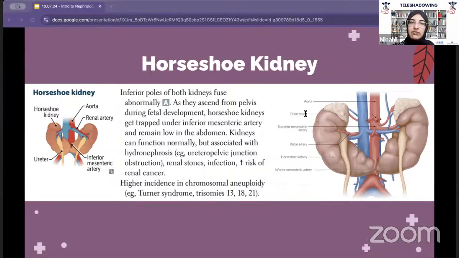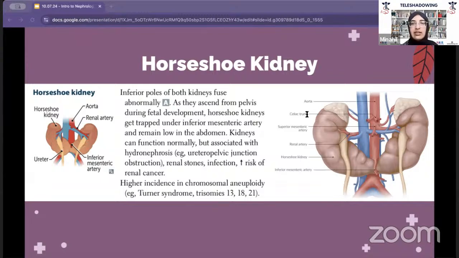So pathophysiology wise, how this actually happens and what went wrong during fetal development: as the kidneys are moving up from the pelvis to their final position in the abdomen, the fused kidneys can get stuck together under a major blood vessel called the inferior mesenteric artery. We talked about this artery during our cardiology month.